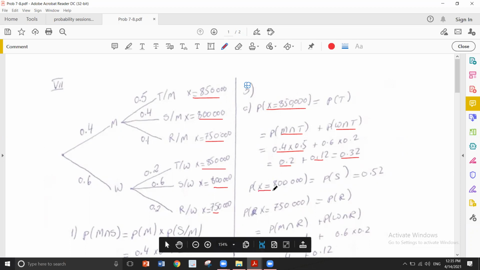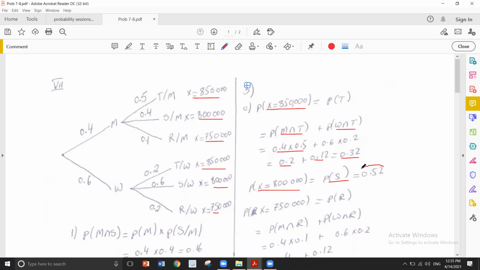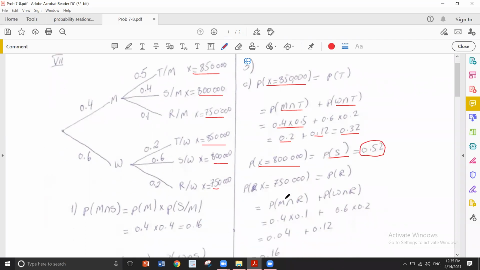Now, probability X equals 800,000 is the probability of swimming. It is 0.52, calculated in the previous part. Probability of X equals 750,000 equals the probability of not practicing any sport: man and do not practice any sport, or woman and don't practice any sport.